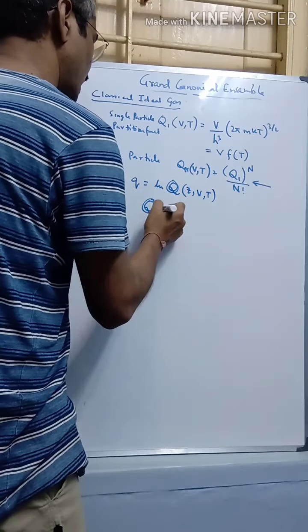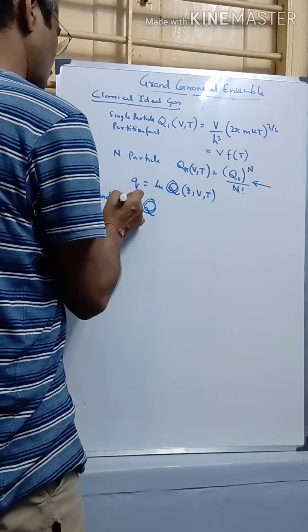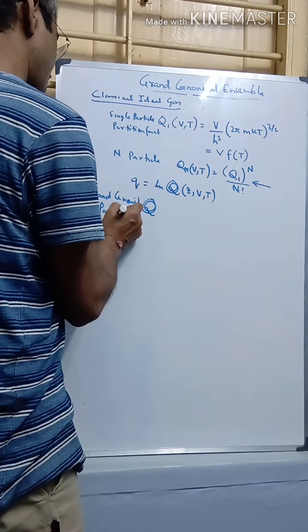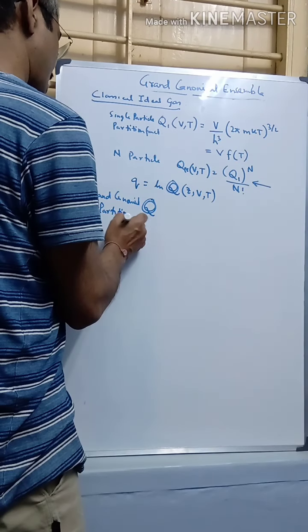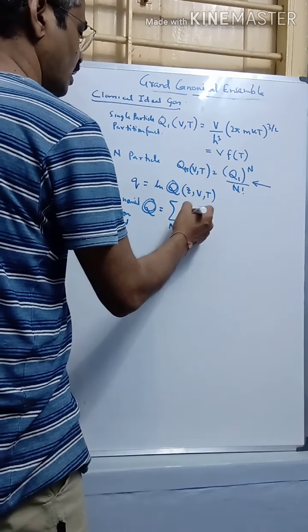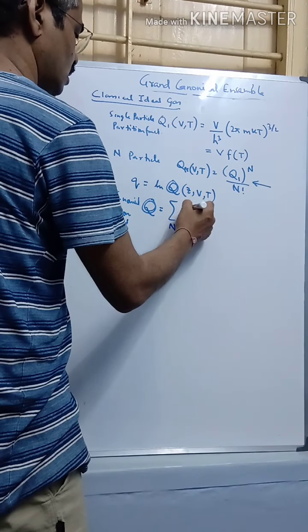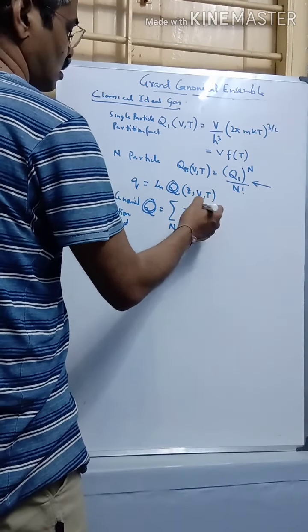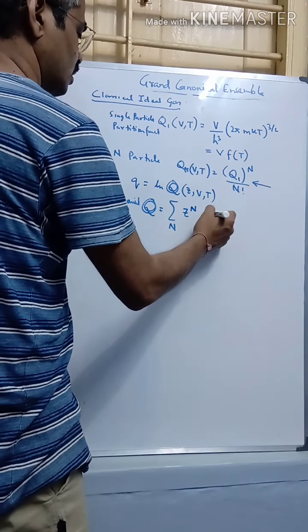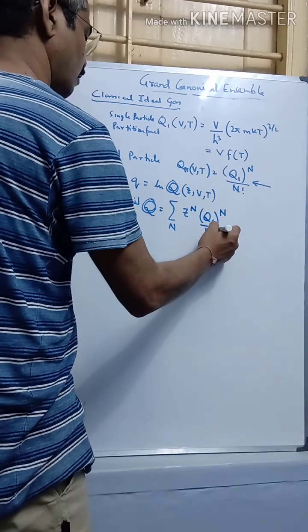Grand canonical partition function is basically equal to summation over N, and then there was a fugacity factor, so z to the power N, and then there was a canonical partition function which was q1 to the power N by N factorial.